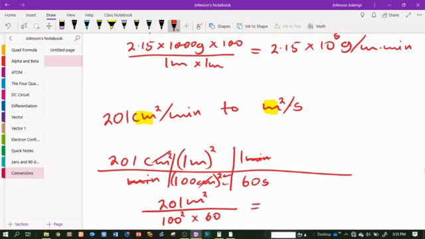So by pressing your calculator, that is 201 divided by 100 square divided by 60. So you put your seconds here. So that is going to be equal to 3.35 times 10 raised to power minus 4 meter square per second. So that is all you need to do in your conversion.